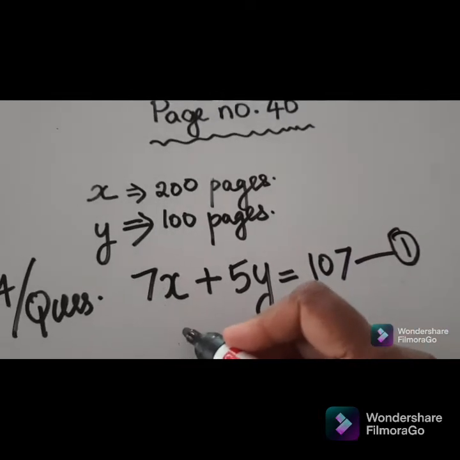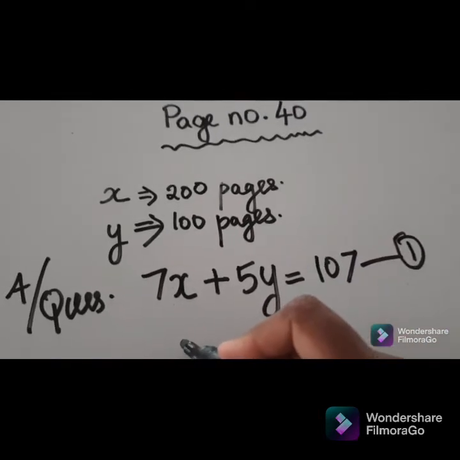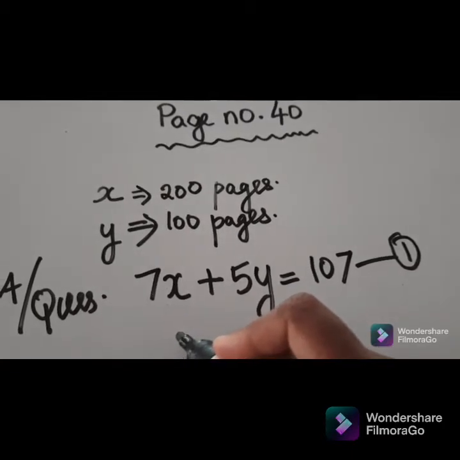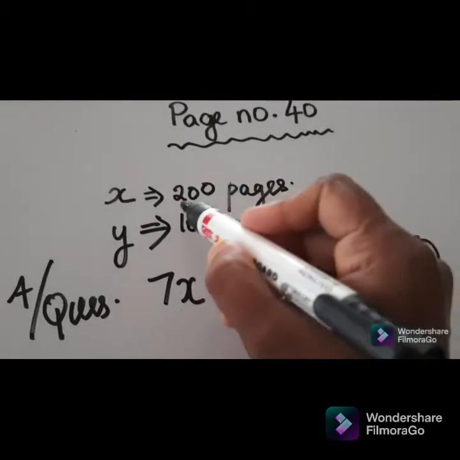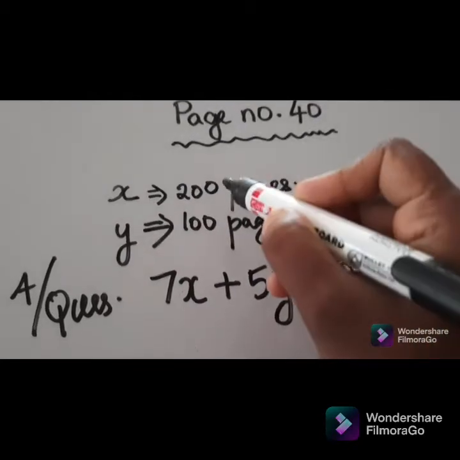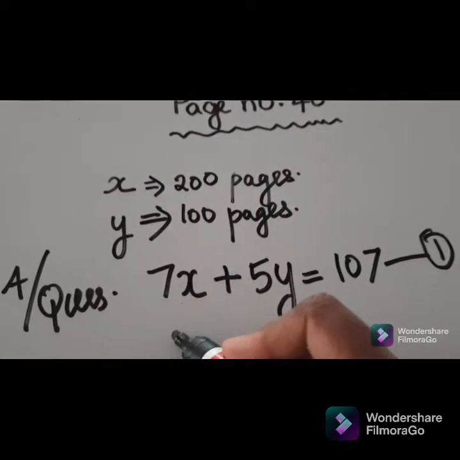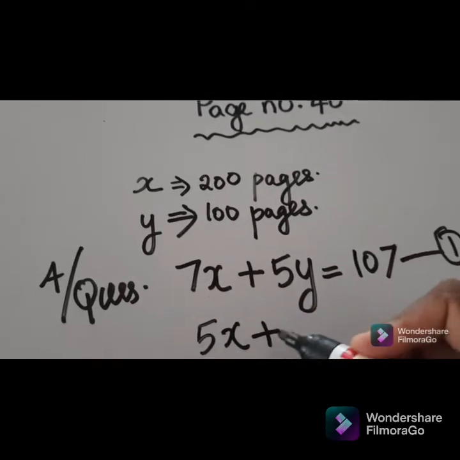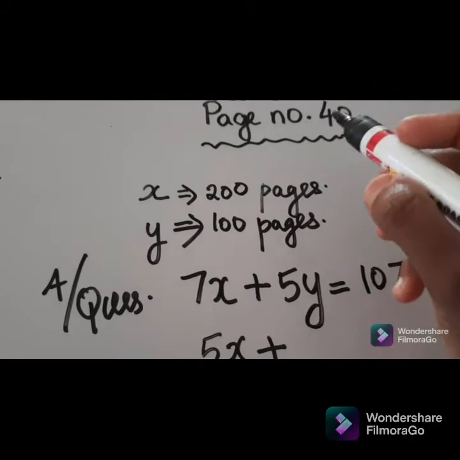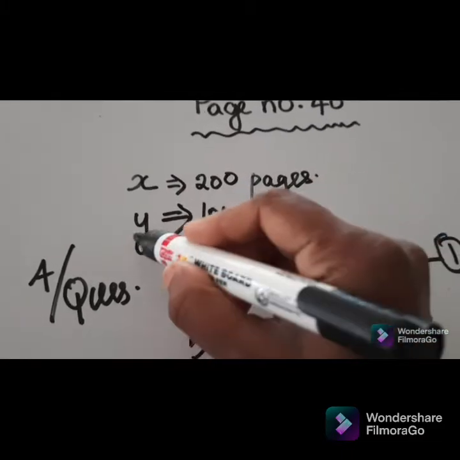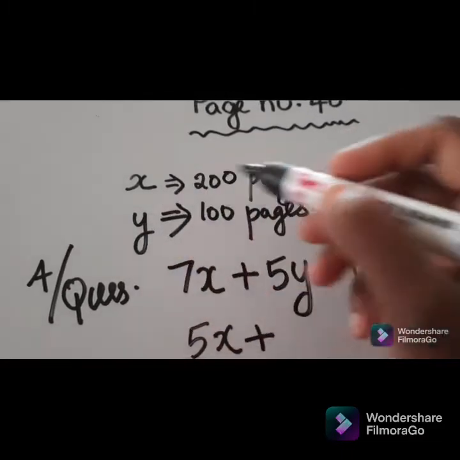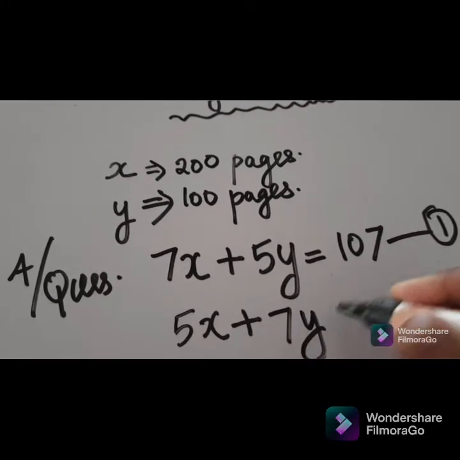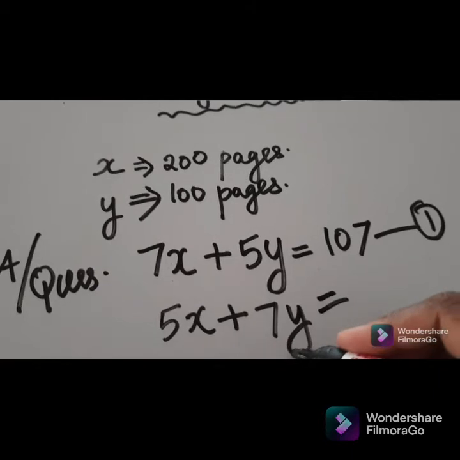Now the next is, Joseph bought 5 notebooks of 200 pages. So how can we write? 5x plus 7 of 100 pages, and 100 pages represents Y, so 7y.